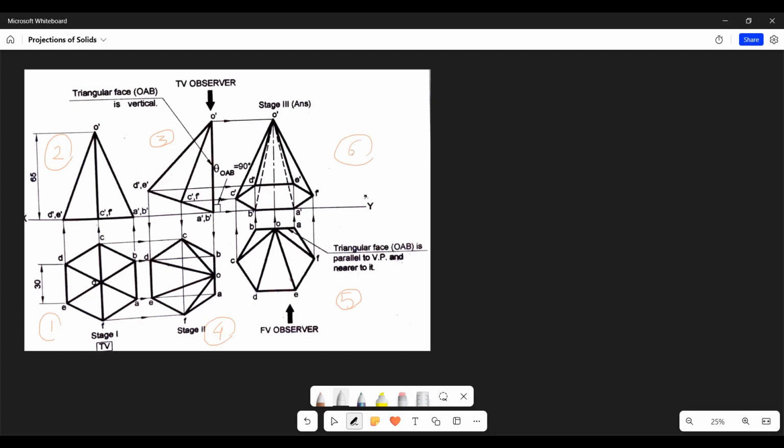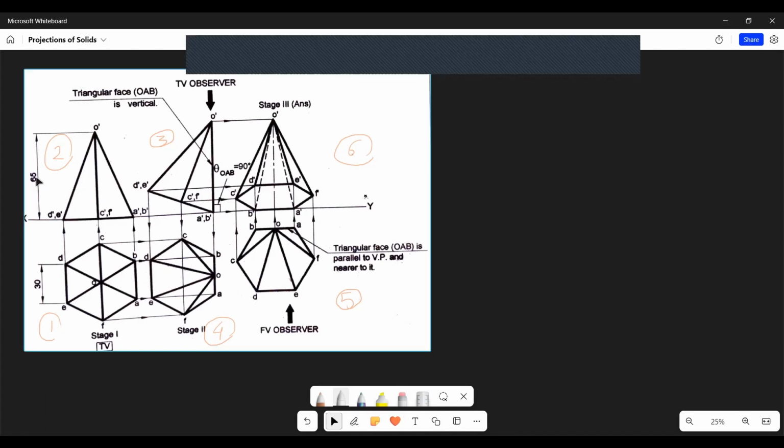But now, since it is a triangle in one view and hexagon in another view, we can say that it is a hexagonal pyramid. And we can see length of axis is 65 mm in the front view. And we can see that the edge of base is 30 mm. So we'll form the question for this much portion.